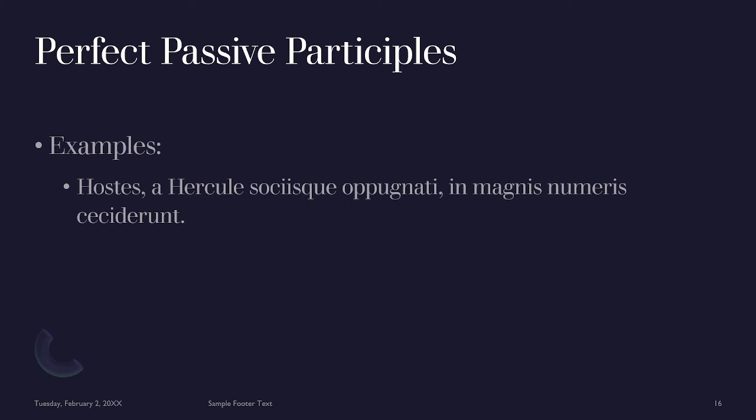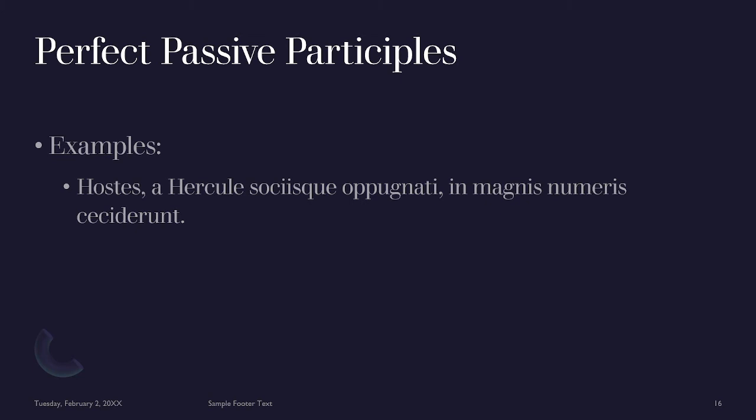And this particular participle, because there's stuff in between the noun and it, is taking a predicate. A Hercule sociisque, well, you've got a plus a person involved with a passive voice situation. So yeah, we probably have an ablative of agent here.